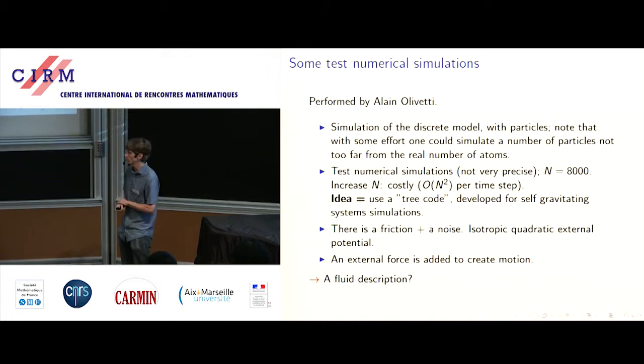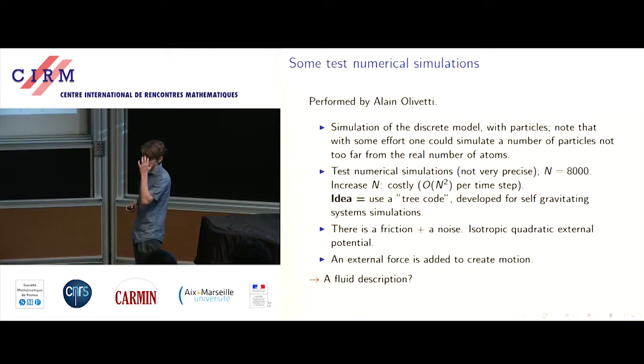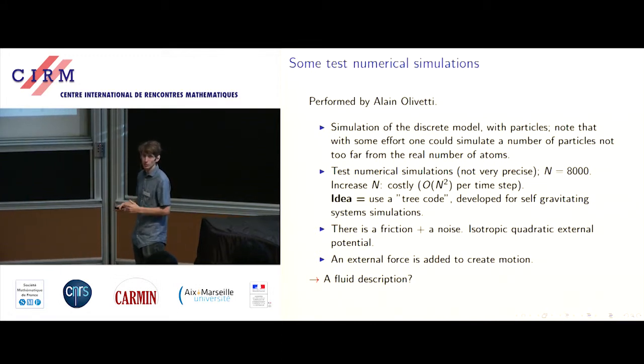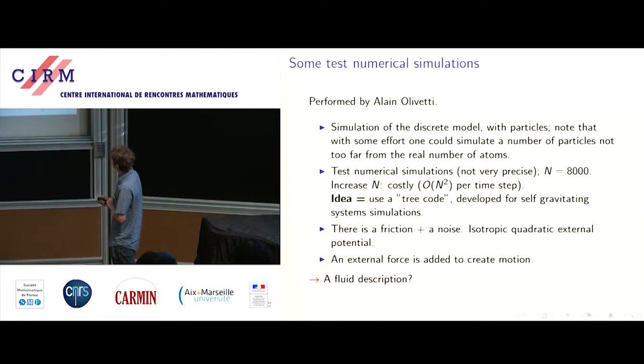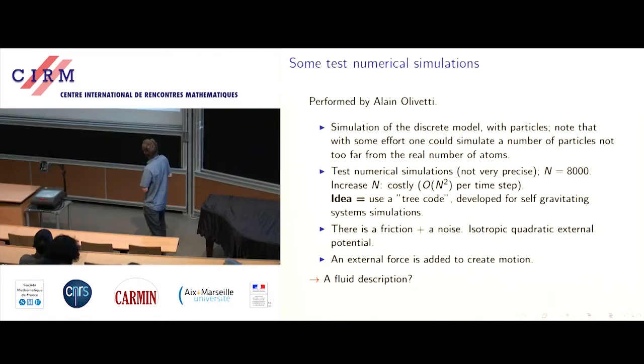You have particles, and you will see the particles. Of course, the density of particles is supposed to be approximated by the Vlasov-Poisson-Fokker-Planck equation I've just shown you. Some words on the numerical simulation. In these simulations, there are only 8,000 particles. They've been performed by Alain Olivetti. He could do more, but these are just test simulations, and they're not so easy just because of this Coulomb force.